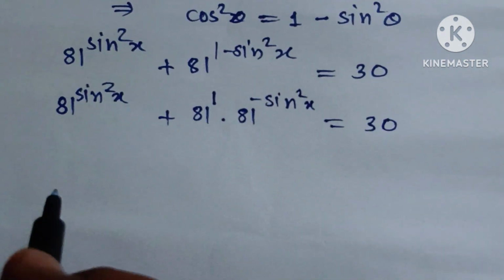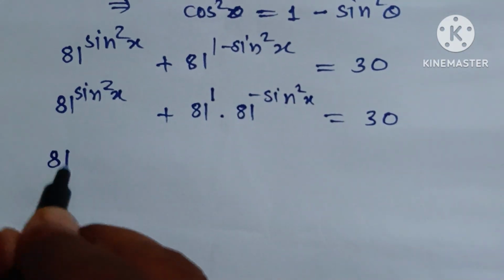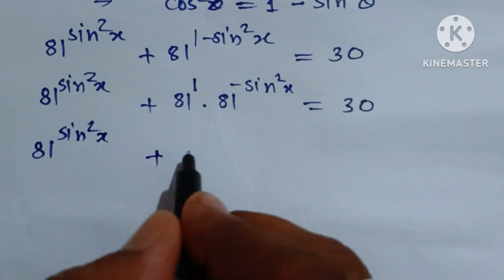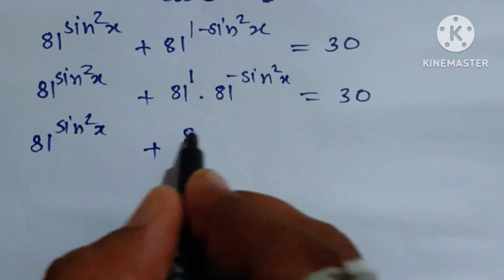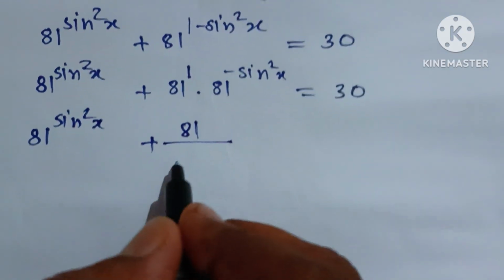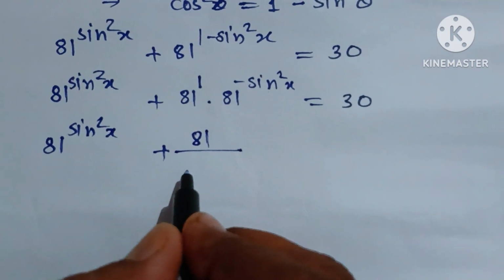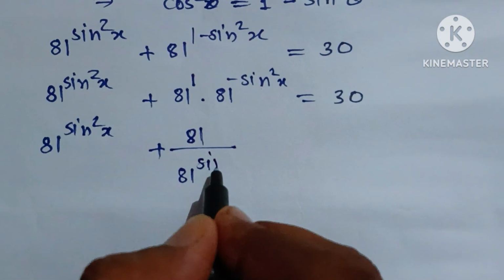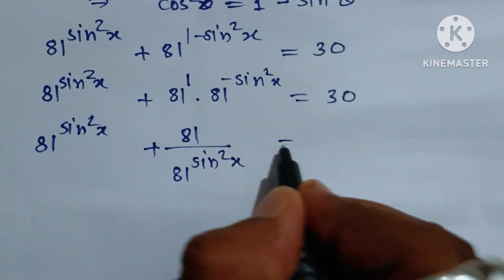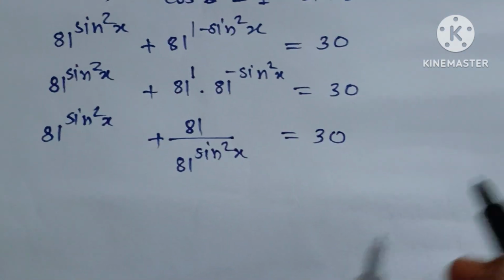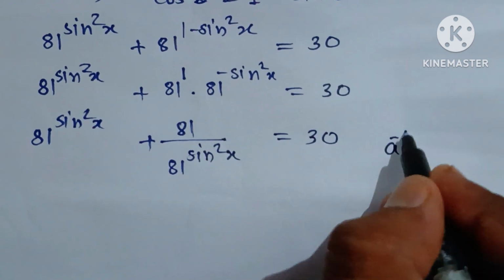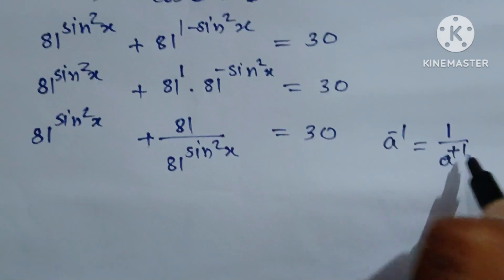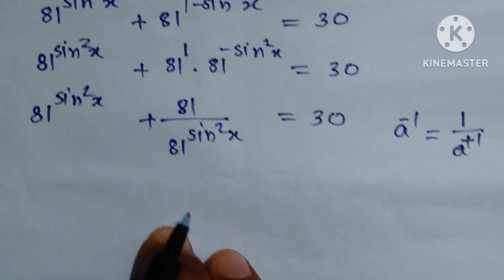Now we can write 81 to the power sin²x plus 81 remains here and we shift this power to the denominator, 81 to the power sin²x, equal to 30. Here which formula have we used? A to the power minus 1 equals 1 upon a to the power plus 1. This exponential formula we have used here.